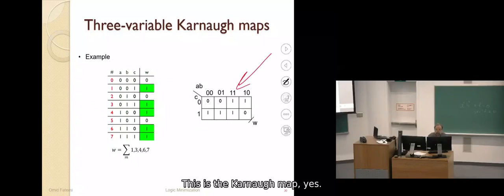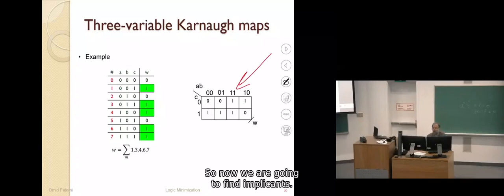This is the Karnaugh map, yes? So now we are going to find implicants. Suggest an implicant. Yes, please. Okay, first give me which should I mark, and then tell me the term.